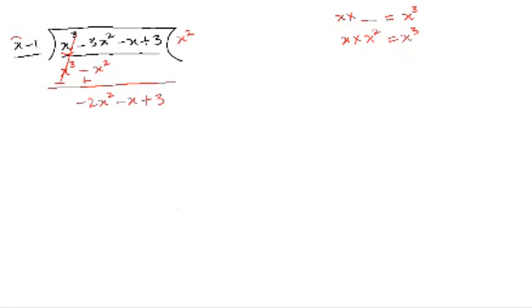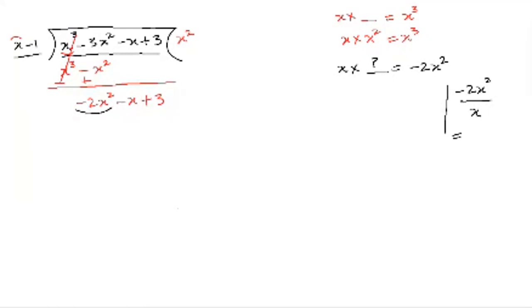Alright, now you think again about the first term and the first term of this. Concentrate here. Now I should ask myself, x should be multiplied by what number to get exactly minus 2x square? So there's another way of doing it also. Simply divide minus 2x square by x.